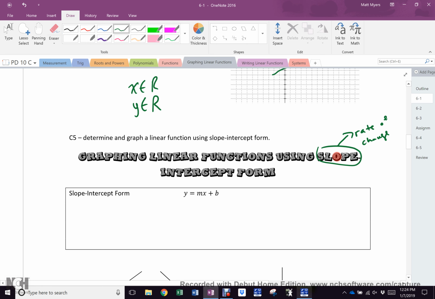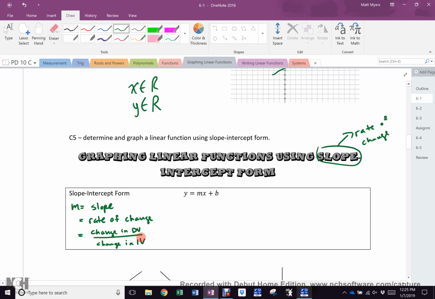We are going to talk about that as it is discussed in general terms, which is a slope. Now let's have a look at this. We all know what Y is. We all know what X is, correct? M equals the slope, which we know to be rate of change. And we found that rate of change by finding our change in the DV and dividing it by our change in the IV, right?